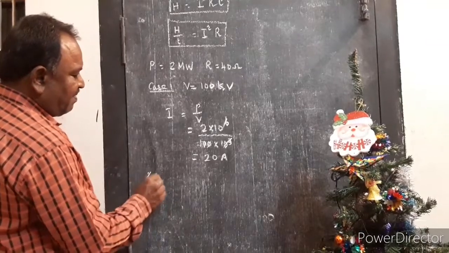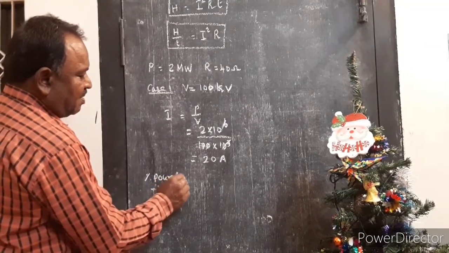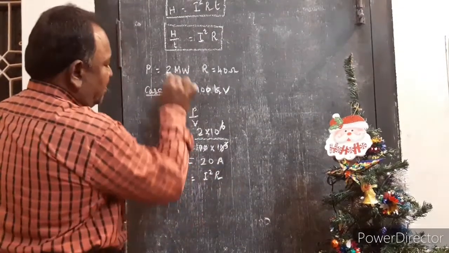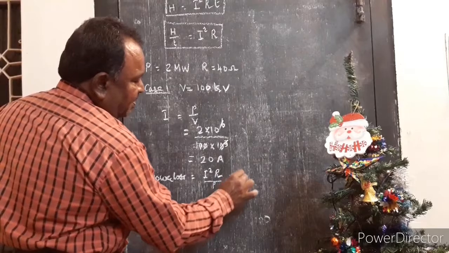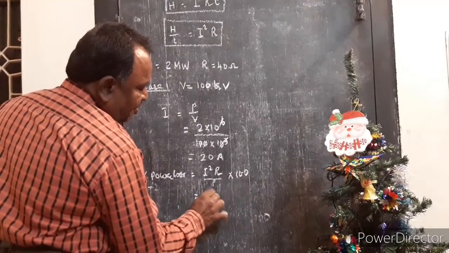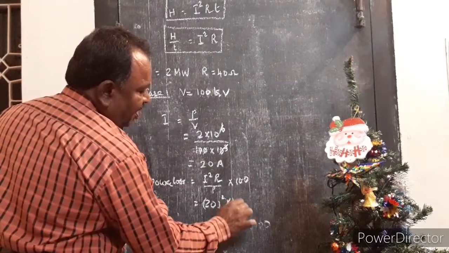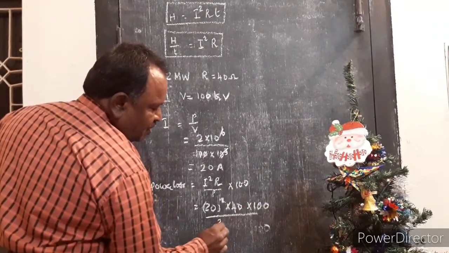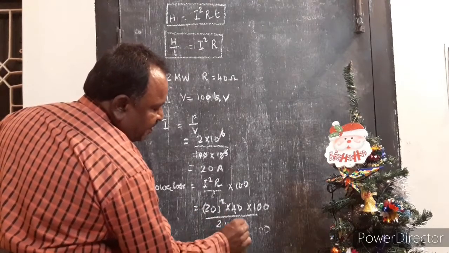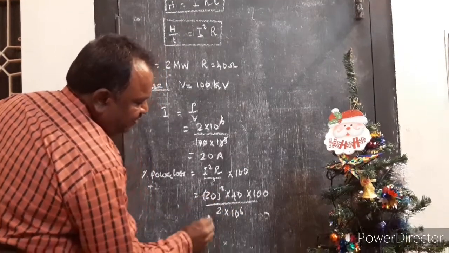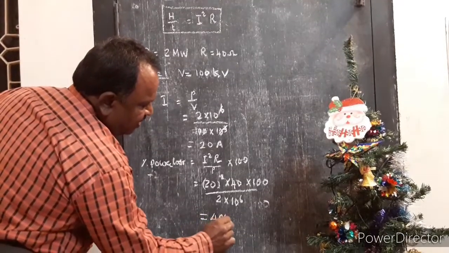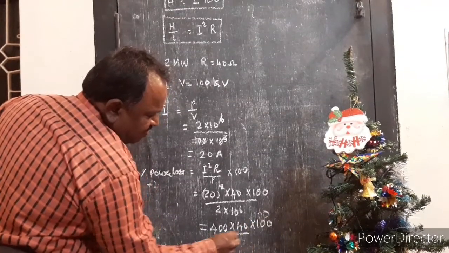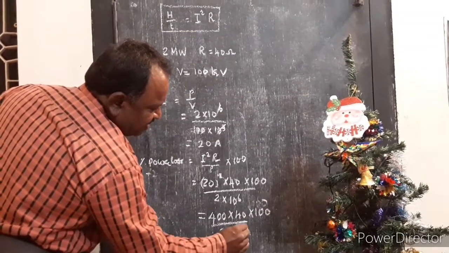So the percentage of power loss is I squared R by P into 100%. That is 20 squared into 40 into 100 by 2 into 10 power 6. That gives 400 into 40 into 100 by 2 into 10 power 6.